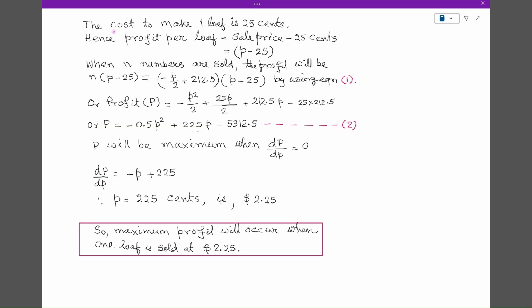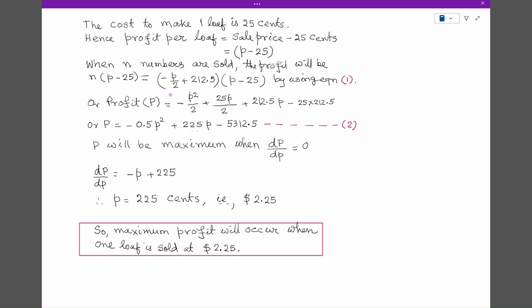Given that the cost to make one loaf is 25 cents, the profit per loaf is equal to sale price minus 25 cents, or P minus 25. When n loaves are sold, the profit will be n multiplied by P minus 25.